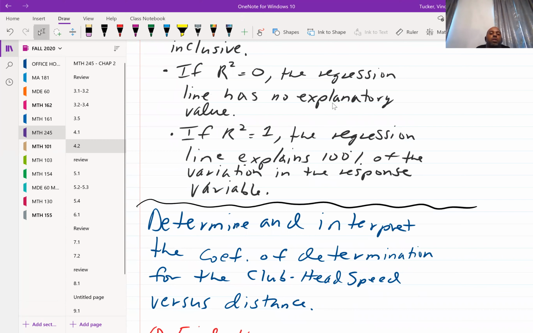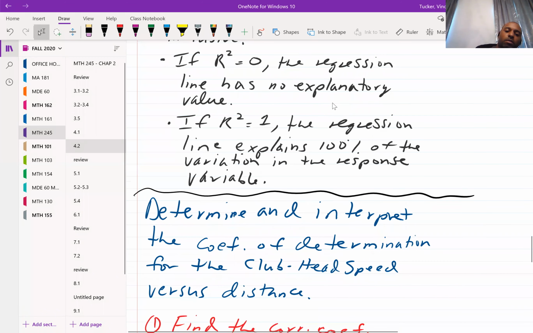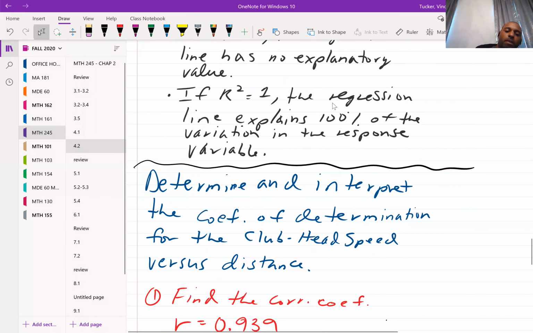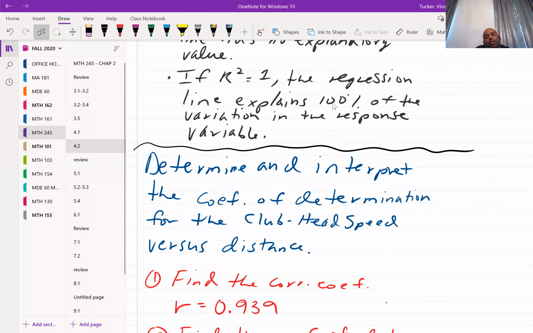All right. So next thing, I believe it's the last thing, if I'm not mistaken, that we're going to do here is determine and interpret the coefficient of determination for the club head speed versus the distance. First, find the correlation coefficient.